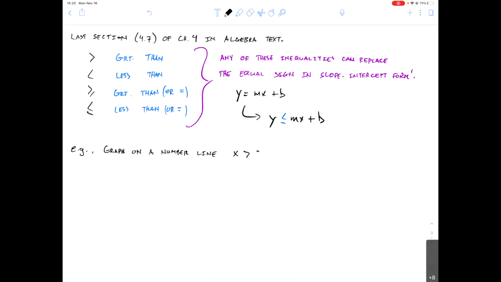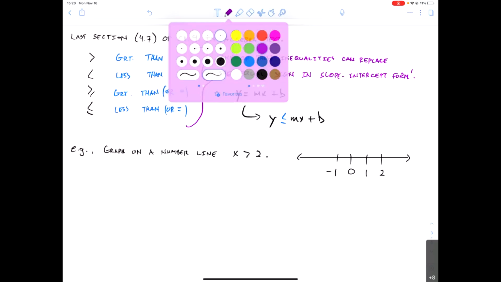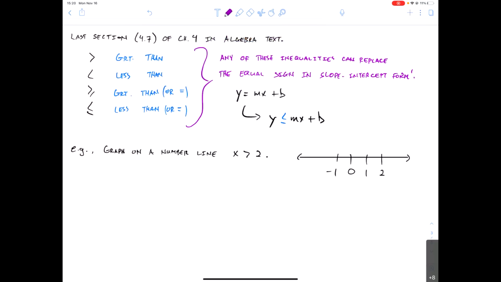x is greater than 2. You draw your little number line. Start with 0 in the middle. Probably go out 1, probably 2, probably go out -1 as well. So you know you have to start at 2, and you have to put a circle there. But then you would ask yourself, do I put an open circle or a closed circle?